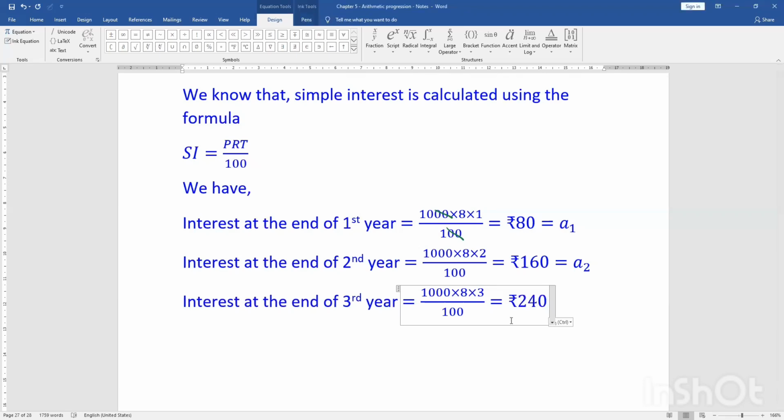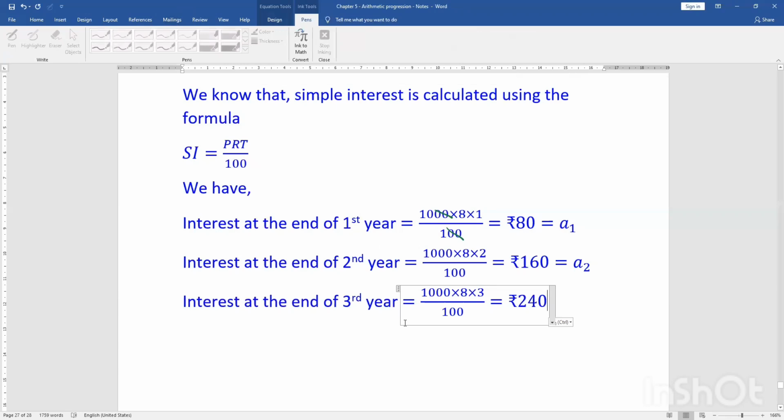Why 240? The reason is, let's do the cancellation. The zeros get cancelled, 8 threes are 24, 24 tens are 240. So what is 240? It is the third term, equal to A3, correct?